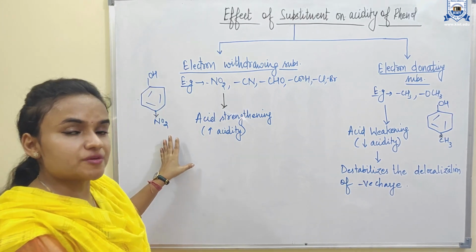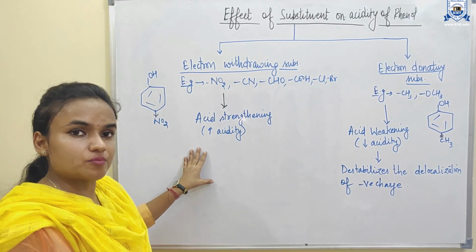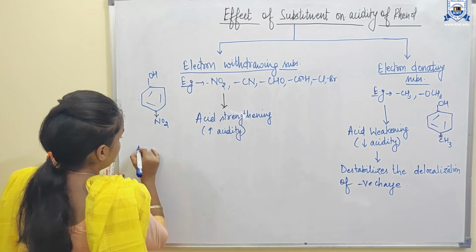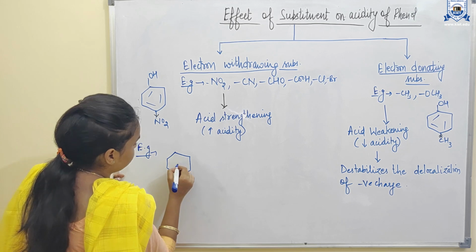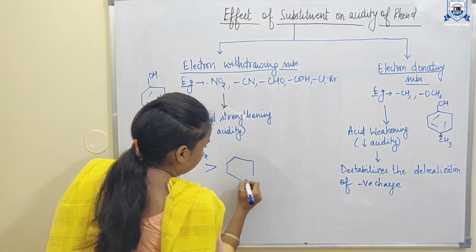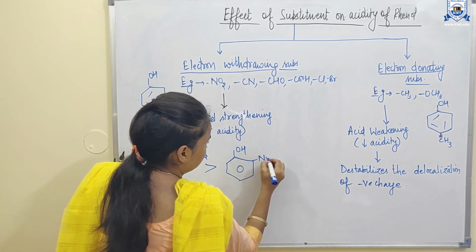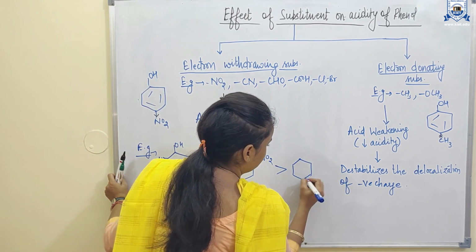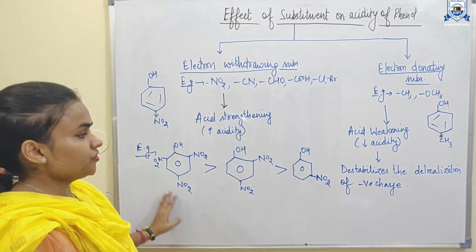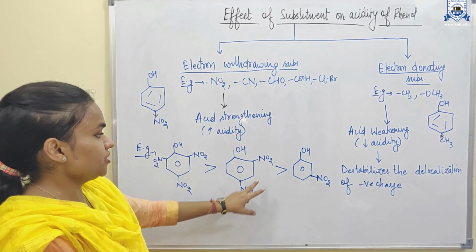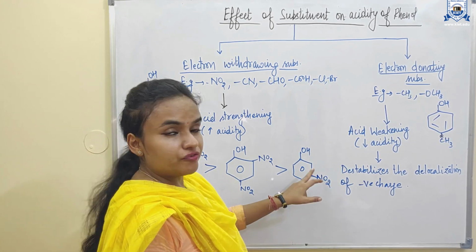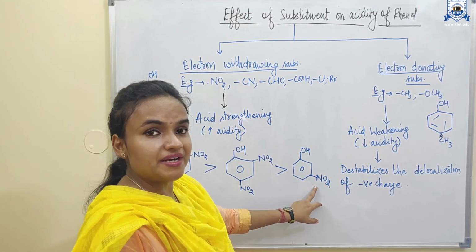Also the position of the substituent, whether it is at ortho or para position or at meta position, affects the acidity of the phenols. Example, it is trinitrophenol, it is dinitrophenol, both with the nitro group at the ortho and para position, while this is a nitrophenol where the nitro group is at the meta position.